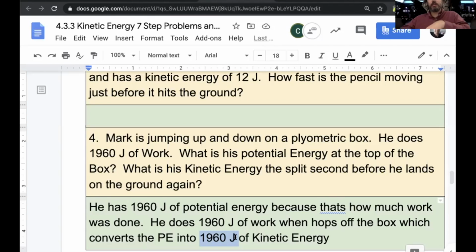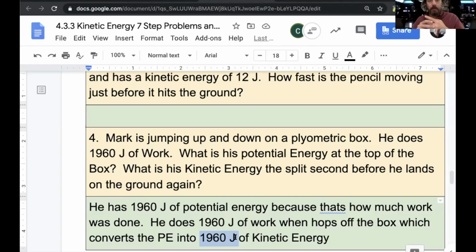Because I can have potential energy and not be moving. I can have potential energy and actually be moving as well. So I could have potential energy and kinetic energy at the same time, and be doing work at the same time. So each one of those pieces is a different thing, but they can turn into the other thing.